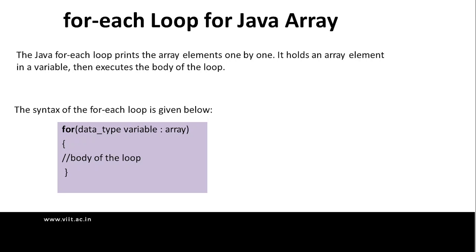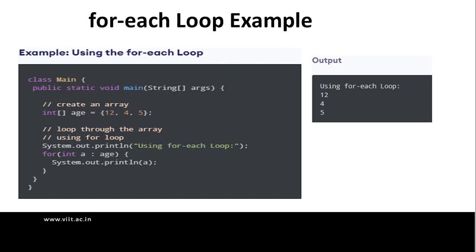In this way you can also iterate through all elements using the loops, so the value will be in a, and all elements will get traversed. So int a colon age is the syntax, and this is called a for each loop.